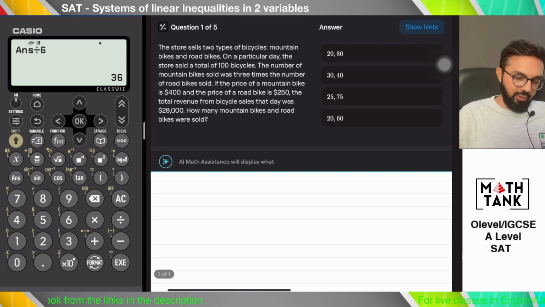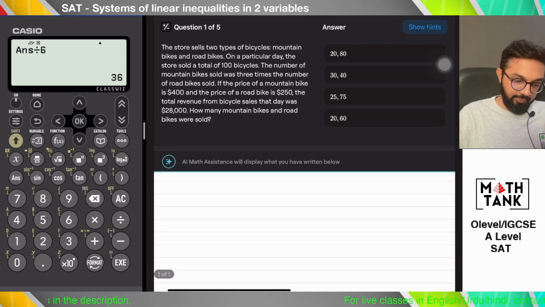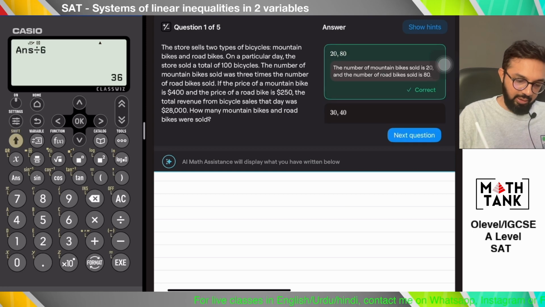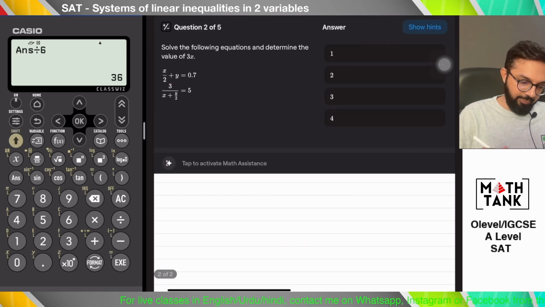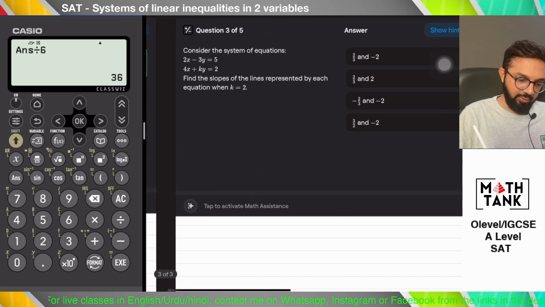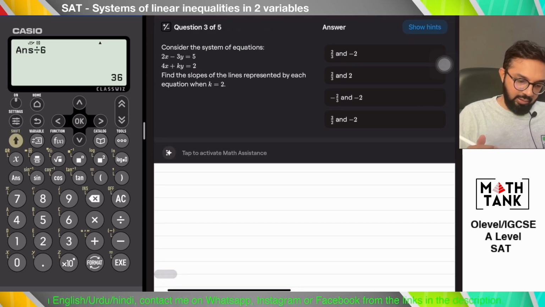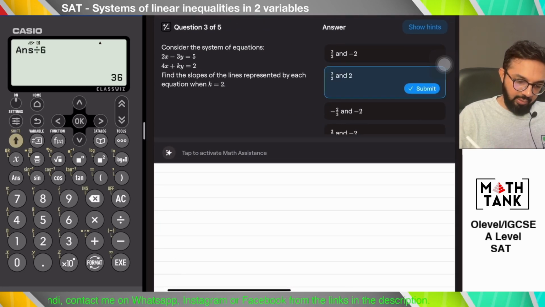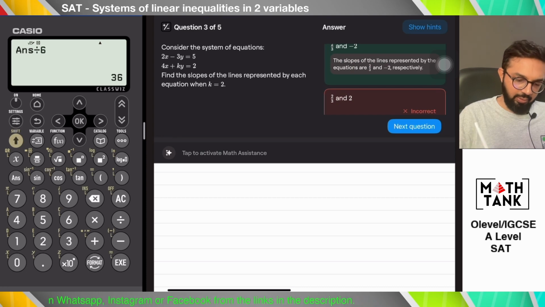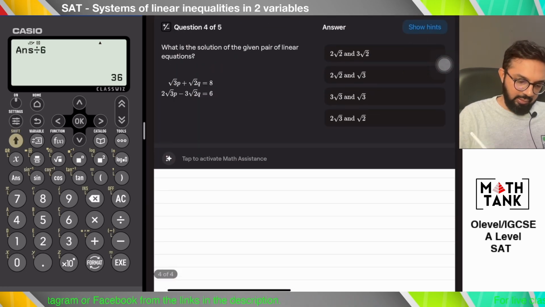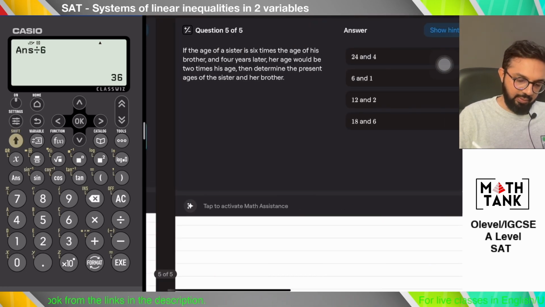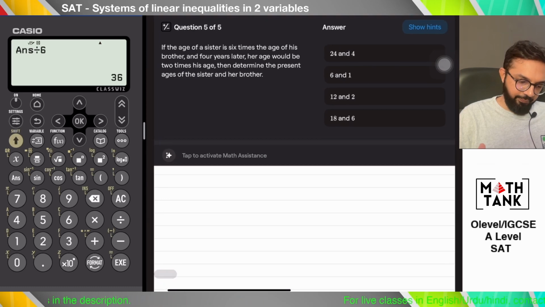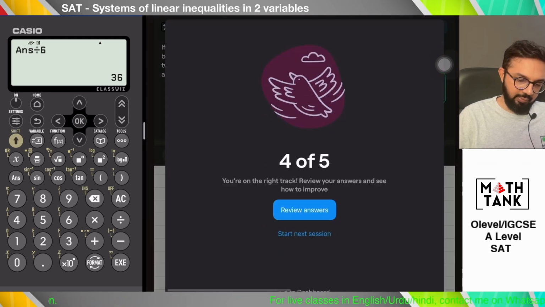Okay, let's see some more difficult questions. It says that's the same question as before. Let's see if we can get through them quickly. Yep, that's the same question again. That's also the same question. Okay, I got that wrong. That was the correct answer for this one. 6 and 1.